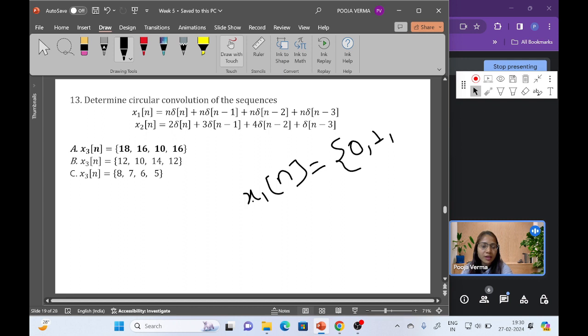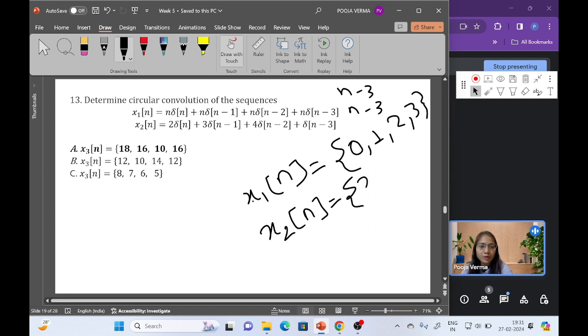At n = 2, the value will be 2, then 3 at n = 3. We take it like this. Similarly for x2[n], the amplitudes at n = 0 are 2, then 3, 4 and 1. So these are the sequences x1[n] and x2[n] that are given.